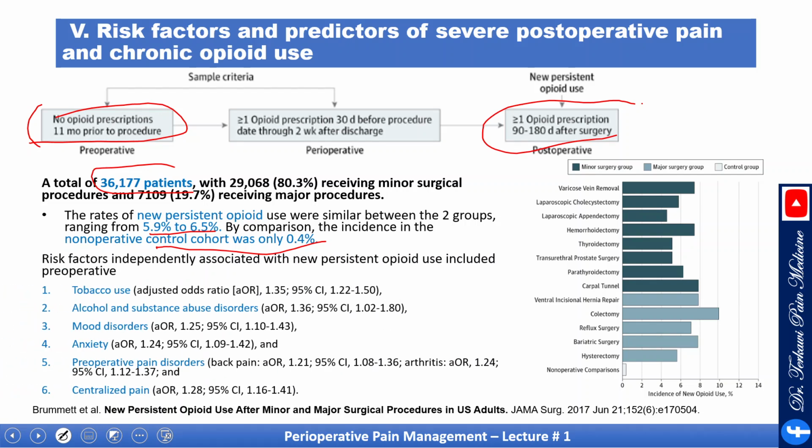Now, risk factors independently associated with new persistent opioid use include tobacco use, alcohol and substance abuse disorder, mood disorder, anxiety, preoperative pain disorder, and centralized pain.